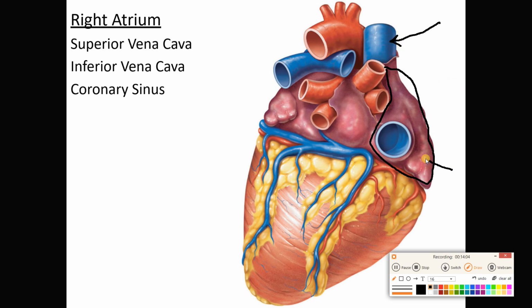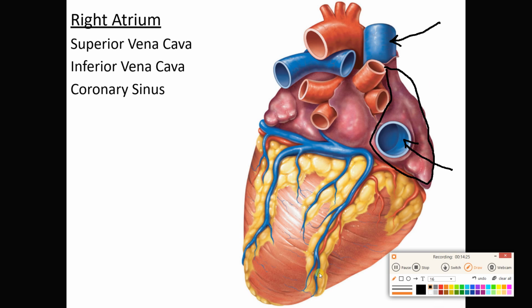I also see my inferior vena cava right here. Remember, deoxygenated blood from the systemic circuit above the heart goes back to the heart via the superior vena cava. Deoxygenated blood from the systemic circuit from structures below the heart goes back to this one right here, back to that right atrium.